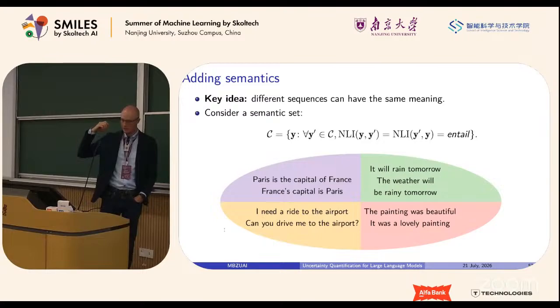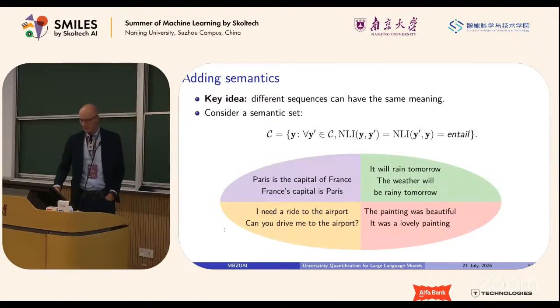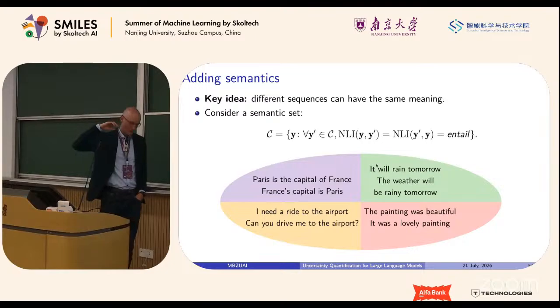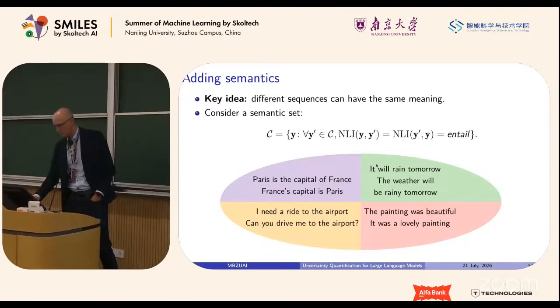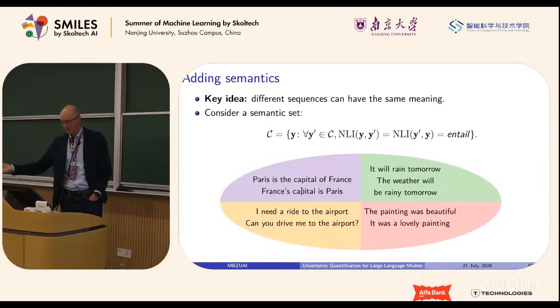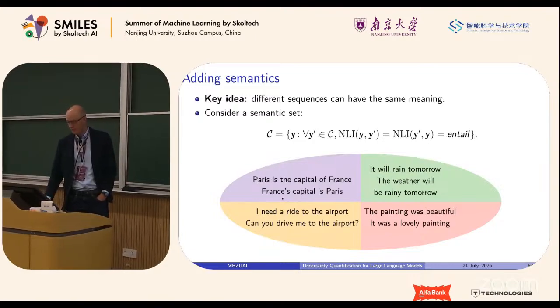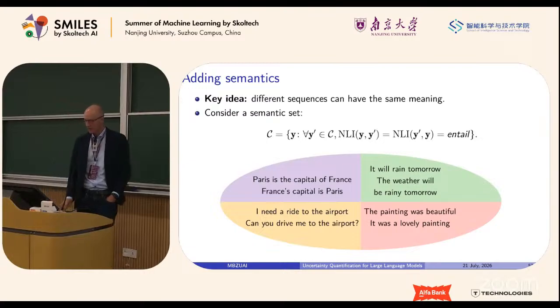your generated sequences. Let's say you can see that there are a few answers that the language model has generated when we are asking it, like, what is the capital of France? There's, like, Paris is the capital of France, France is the capital of Paris.